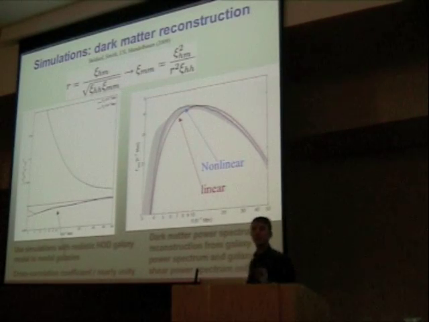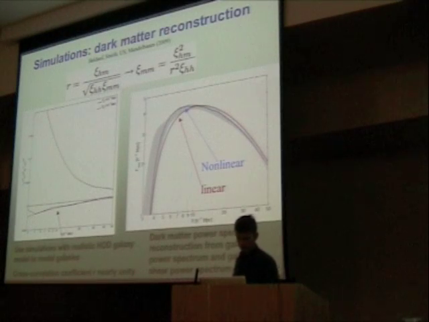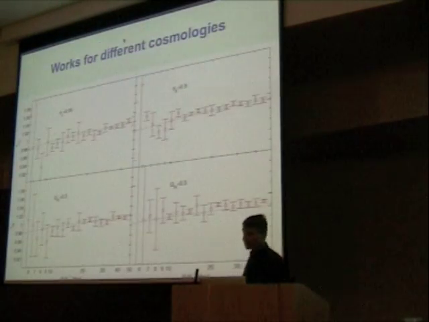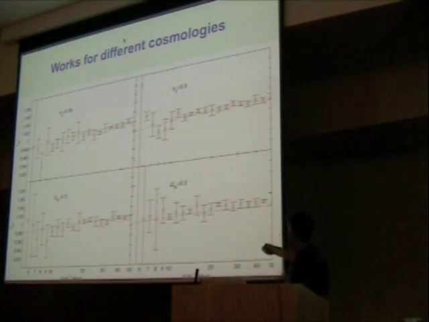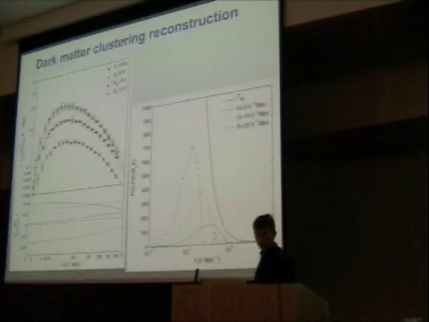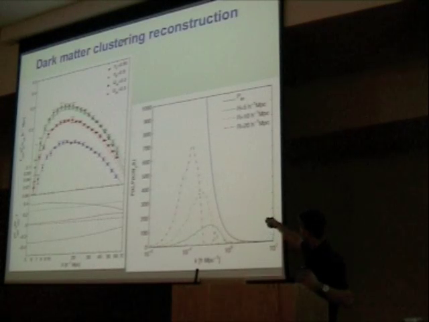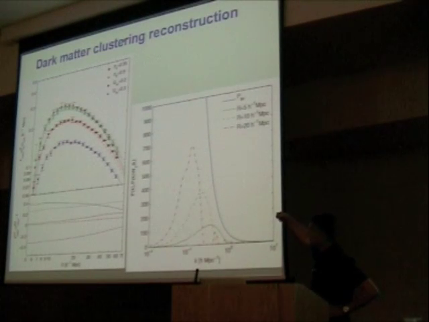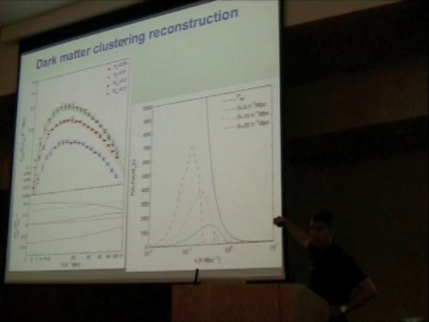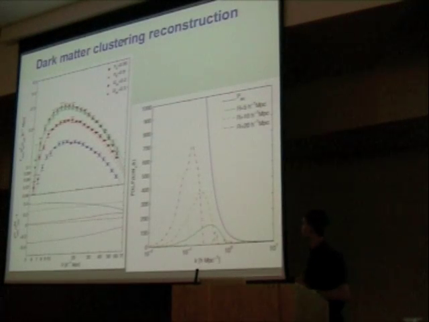But the bottom line is this reproduces the dark matter clustering power spectrum. We tried this on several different simulations that Robert has run, and it always works. In each case, we reproduce the dark matter power spectrum, and you can see there are large differences between these simulation predictions, and in each case we reproduce the predictions.